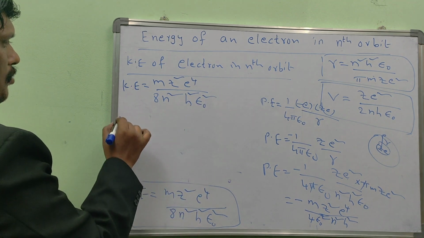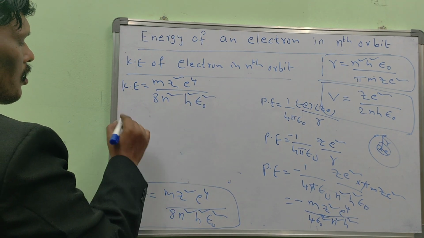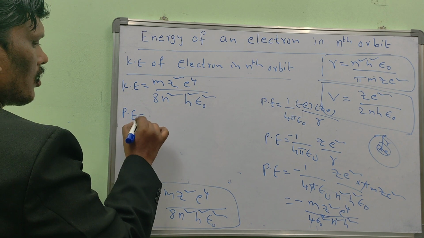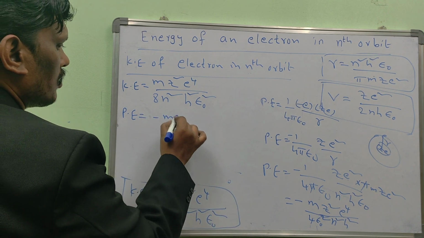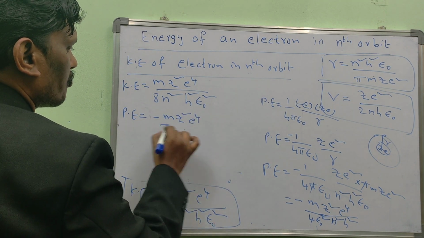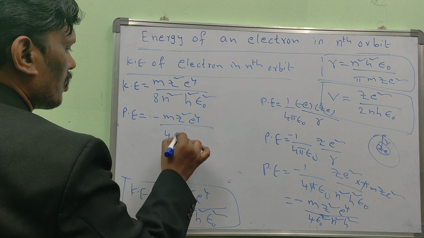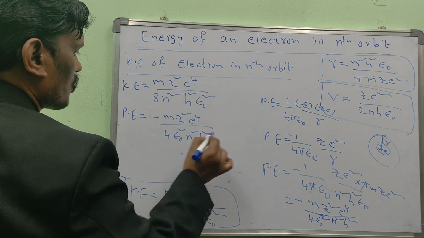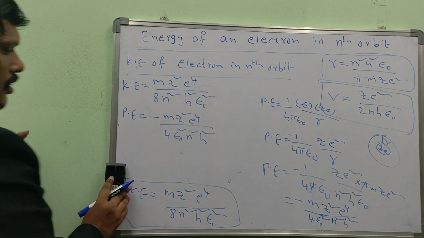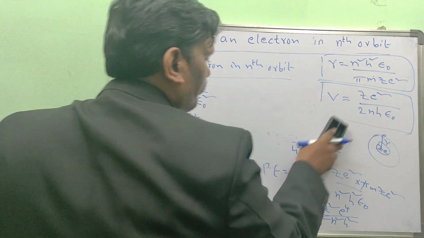That is the kinetic energy formula in the nth orbit. Potential energy in the nth orbit I got: minus m Z square e power 4 upon 4 epsilon naught square n square h square. This is the potential energy. Now what is the total energy?